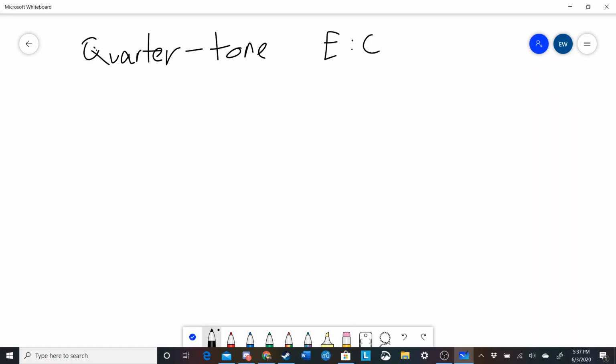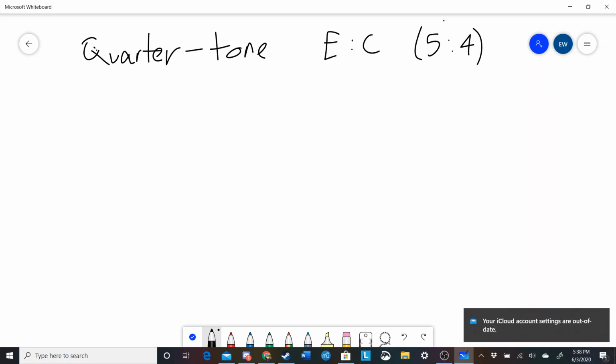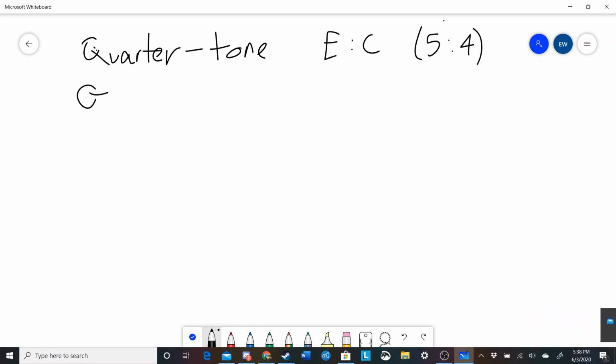E to C, we want that to be a 5-to-4 ratio. So what we're going to do is temper the perfect fifth by 1/4 of a syntonic comma. So G is going to be lowered by 1/4 SC.